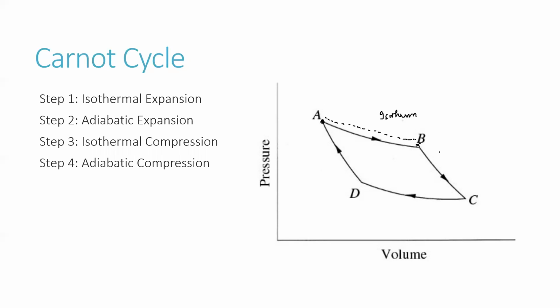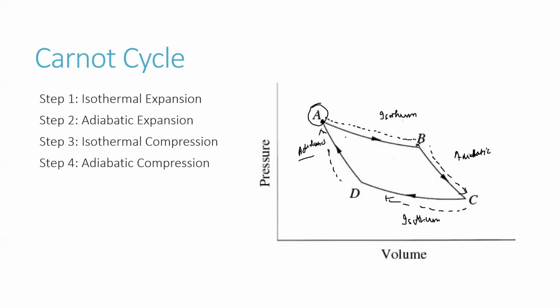Then from state B, it adiabatically expands to come to state C. Then it is isothermally compressed, and then it is adiabatically compressed again. Finally, it completes the cycle and comes back to its initial state.